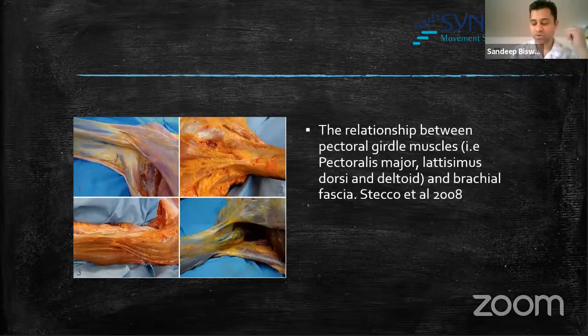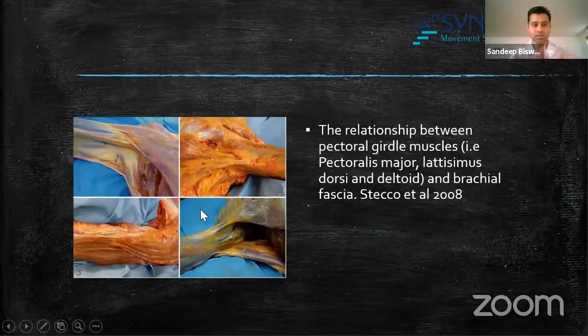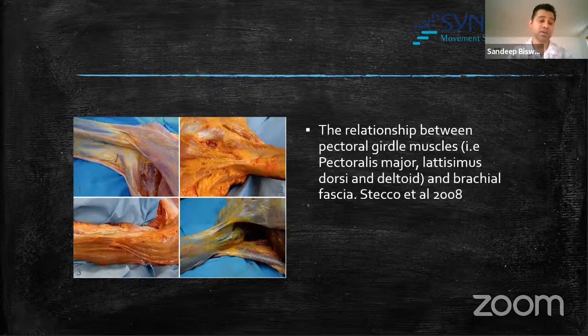So try to throw your old anatomy books out, where you see the muscle has an origin from this bone, will go to this bone, and blah blah blah, whatever. It does not. It's a whole continuum, and as you can see with pictures over here, which are dissected by experienced anatomists, you can see how the brachial fascia gets influenced by your pec and by your latissimus dorsi and also by your deltoid muscle.